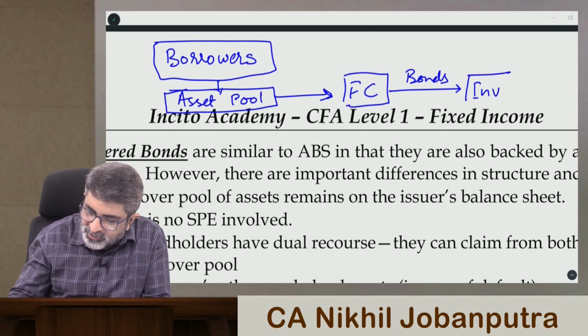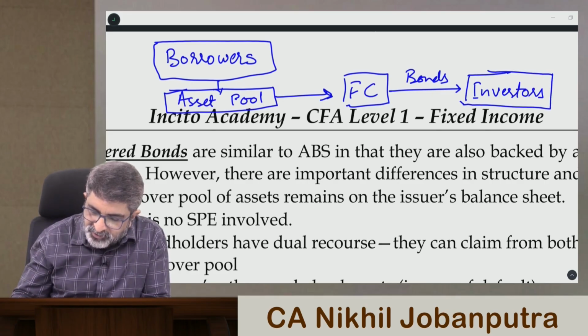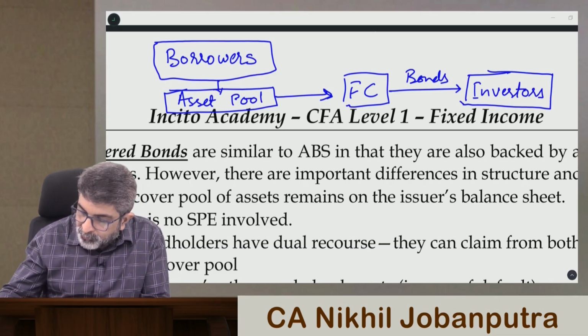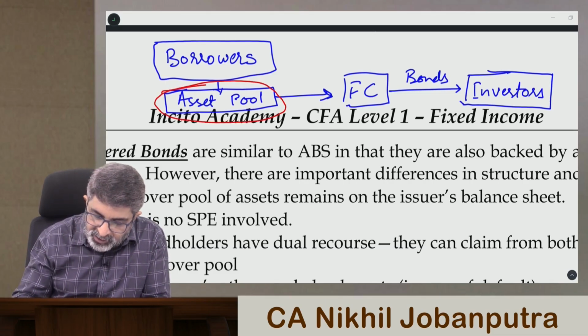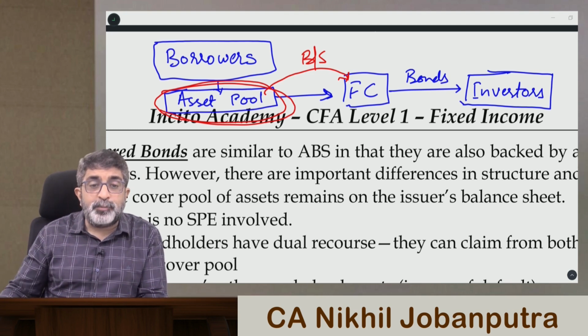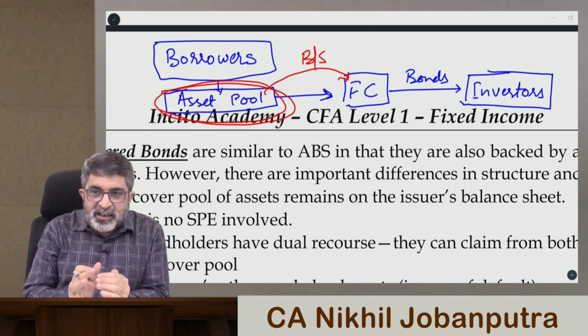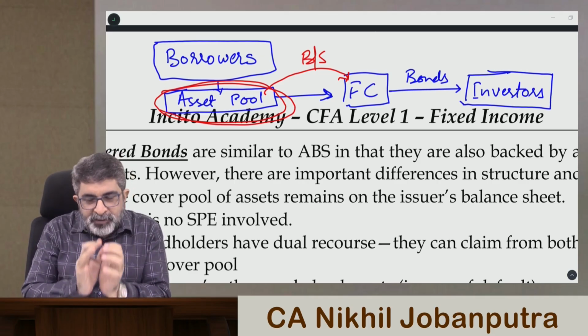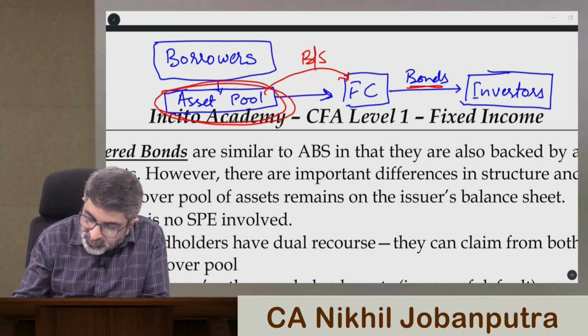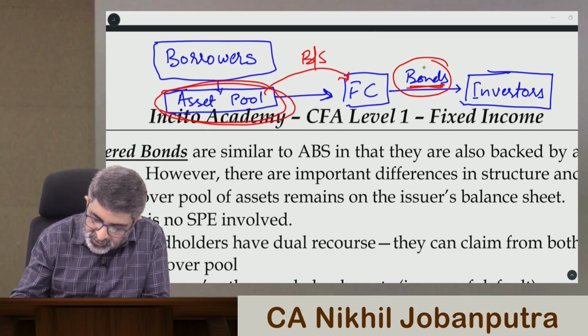To investors. The finance company is issuing bonds to investors. So there is no SPE in the picture. This asset pool continues to remain in the balance sheet of the finance company. The balance sheet of the finance company will continue to have these asset pools. Just the backing is of this asset pool for the bonds which are issued. So these bonds have the backing of this asset pool.